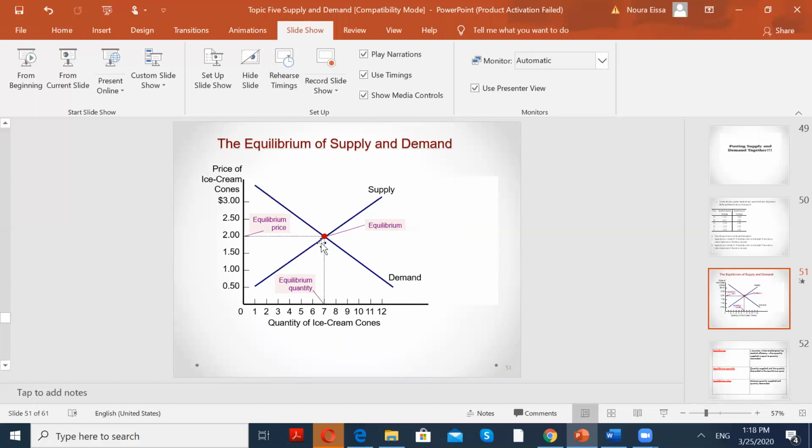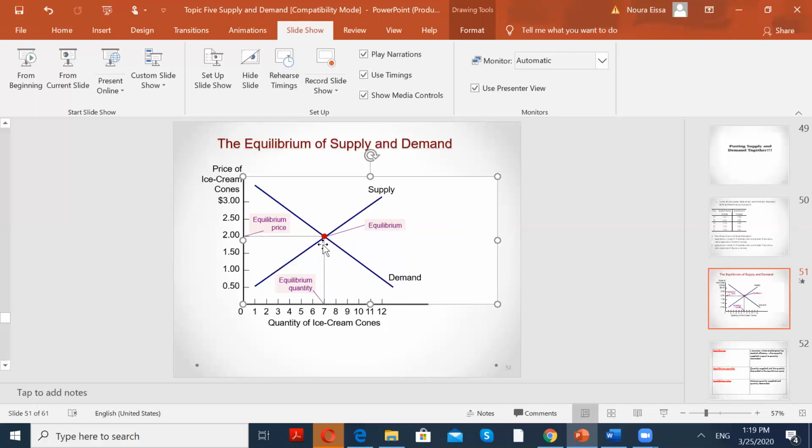Now, the point where supply and demand meet, the point of intersection دي بسميها equilibrium. يبقى the point of intersection between supply and demand is referred to as equilibrium. في عندي equilibrium price ده price at equilibrium والايكوليبريم quantity ده quantity at equilibrium.